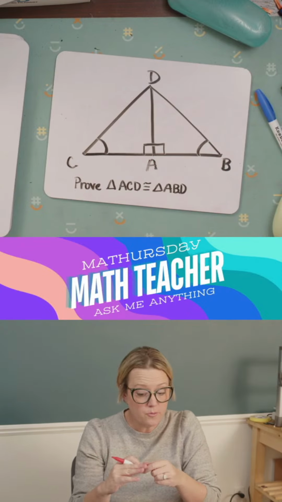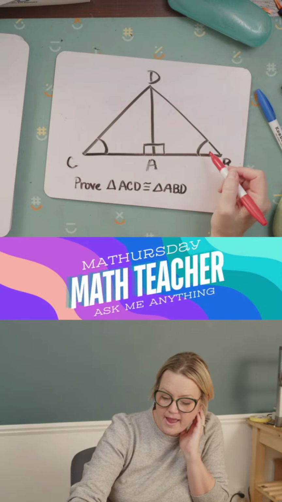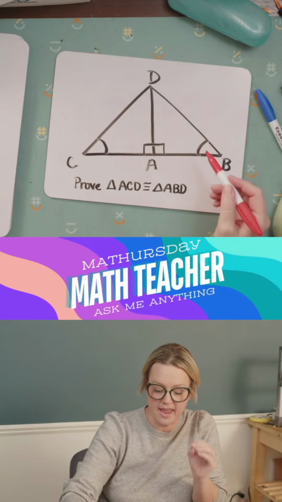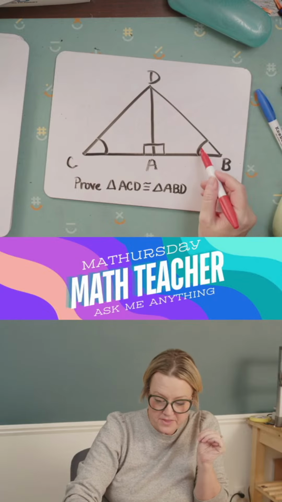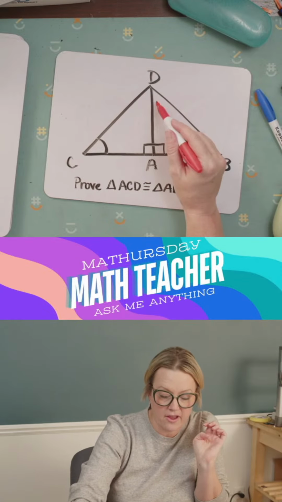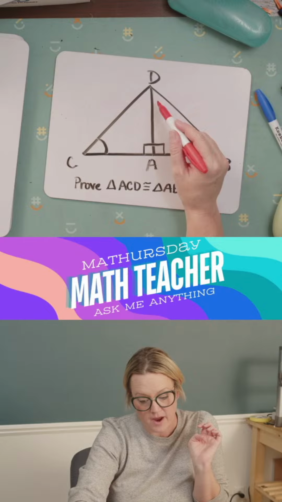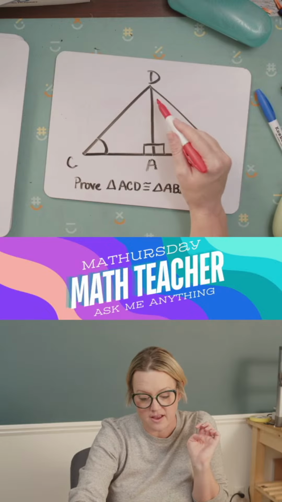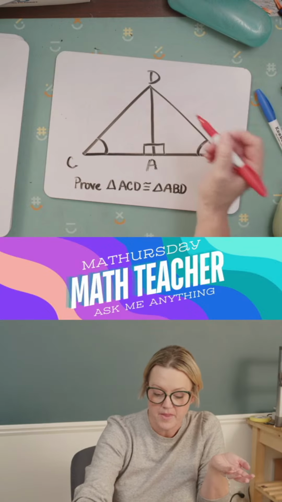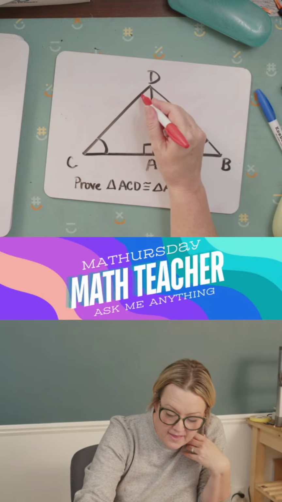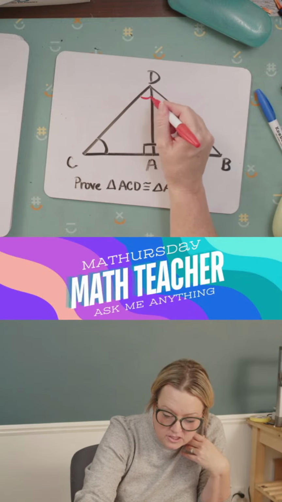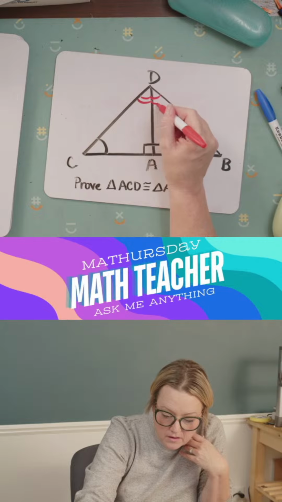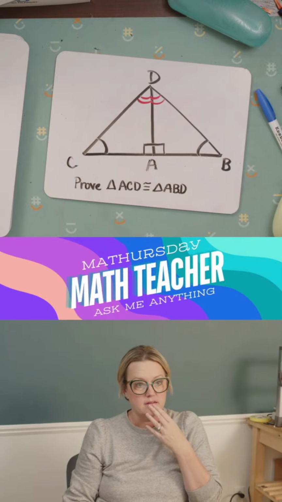I could also prove that by looking at this and saying, okay, this angle and this angle and this angle would all add up to 180, or you could say this angle and this angle are going to add up to 90. And then what that proves is that these 2 angles are congruent.